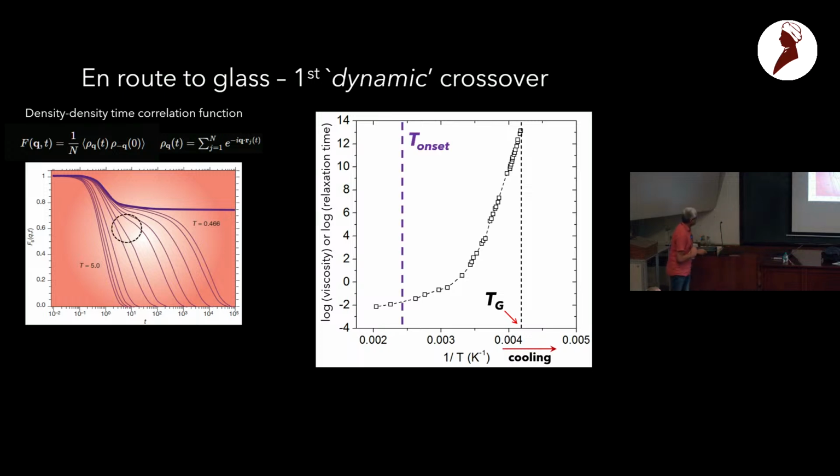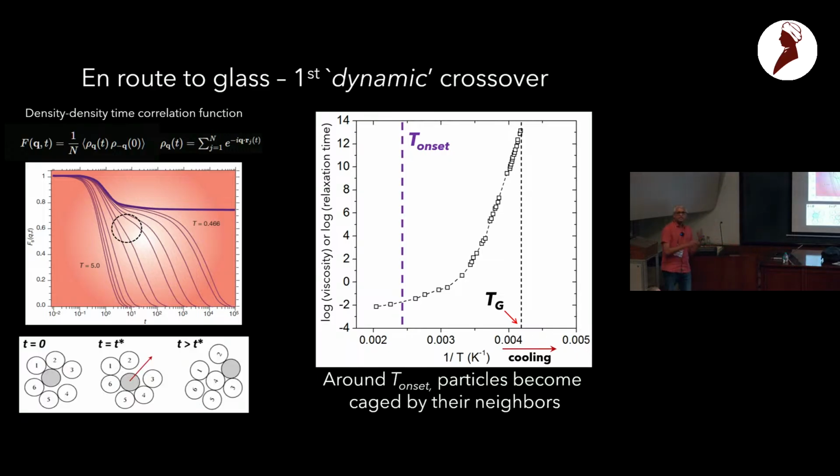And that temperature we identify with the onset temperature. And that's now well agreed upon that it's associated with cage escape, or with the onset of cage formation and cage escape, all right?